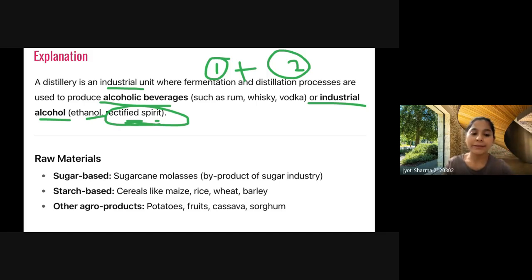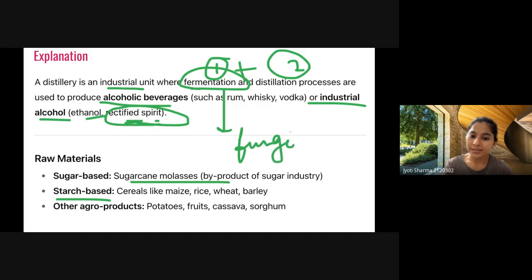Okay, then we need some raw material for the fermentation, right? And that raw material can be sugar based, for example sugarcane molasses. It can be starch based, because for the fermentation we need some fungi, you can say. That fungi will give you the fermentation, or you can use bacteria.